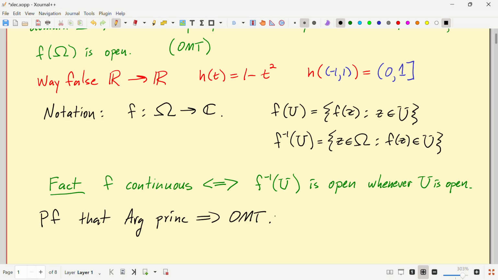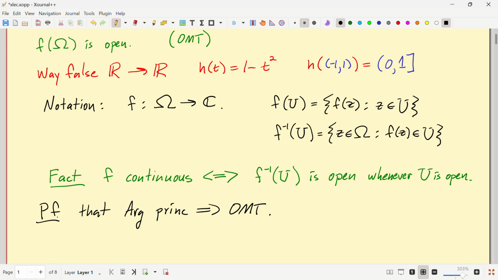So let's suppose we've got a non-constant analytic function. So f is not constant, and analytic on my domain omega.